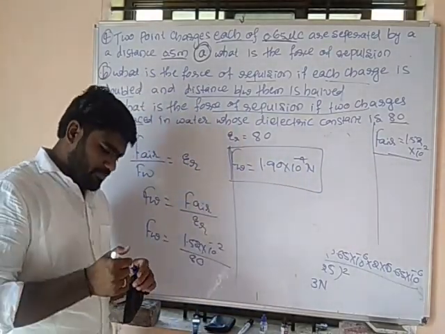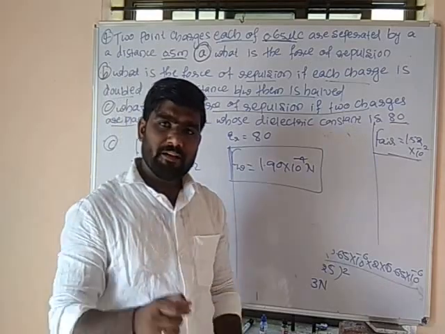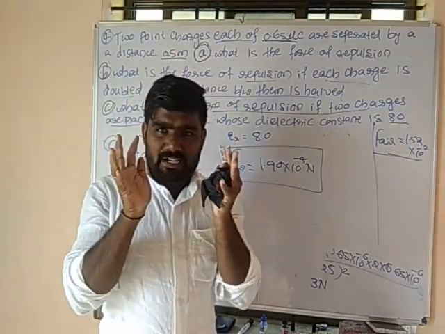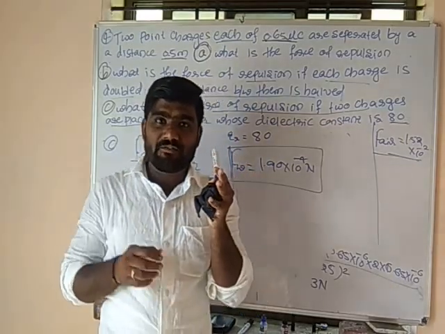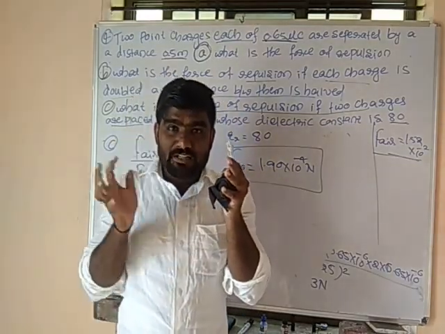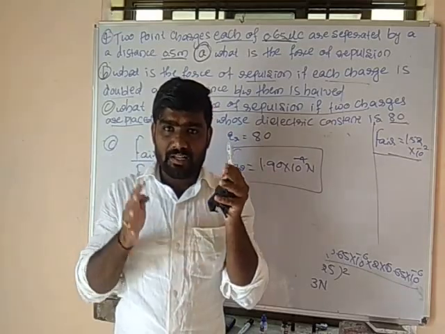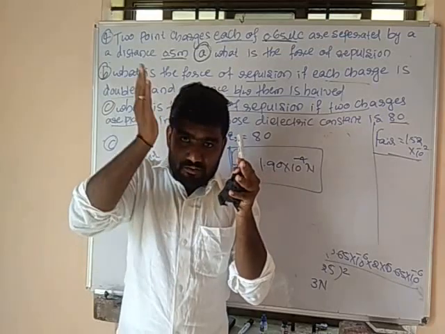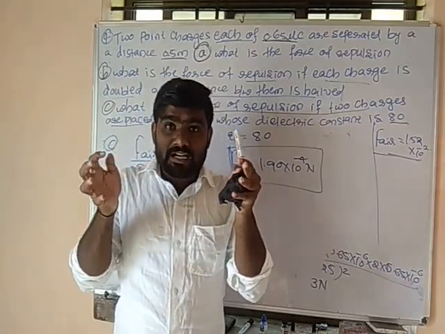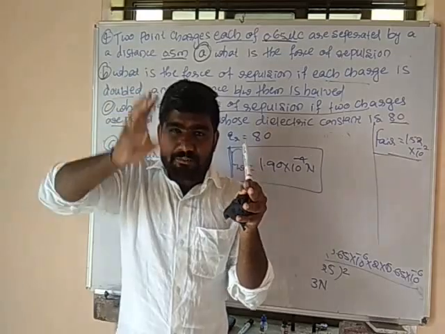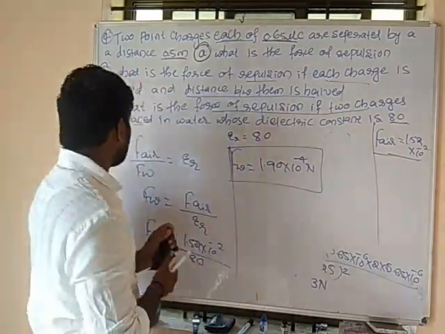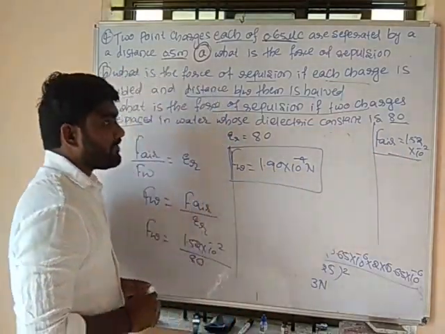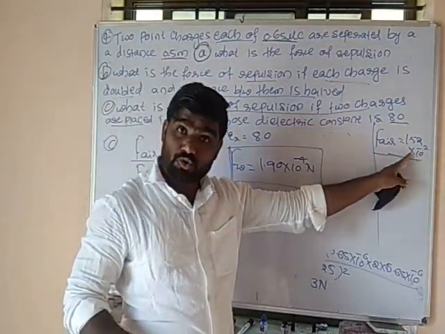See here, one more very important factor, as I told, the force in air is always maximum. See here, these two are point charges. If I am not keeping any kind of medium between these two, then the force must be maximum. If I am keeping any kind of medium between these two charged particles, then the force must decrease. Before, when these two charges are in air, it will be 1.52 into 10 to the power minus 2.